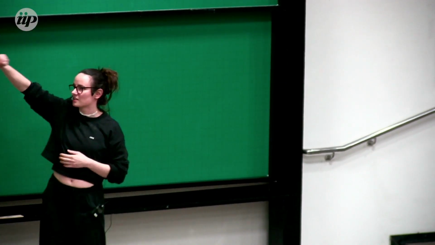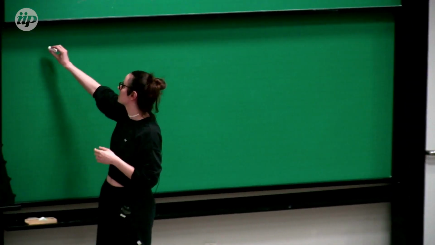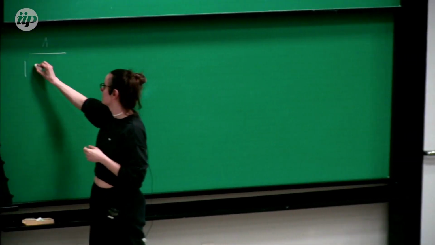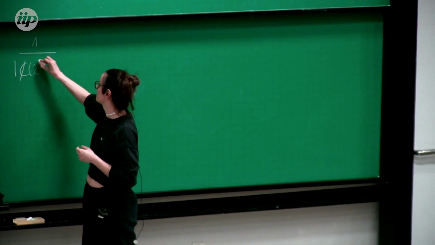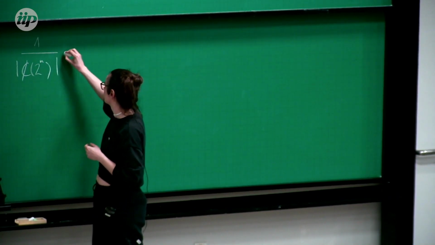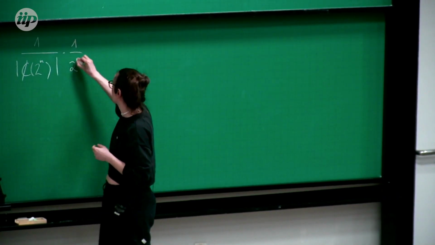So we have 1 over how many elements we have in our vector sets, the Clifford group, times 1 over n.